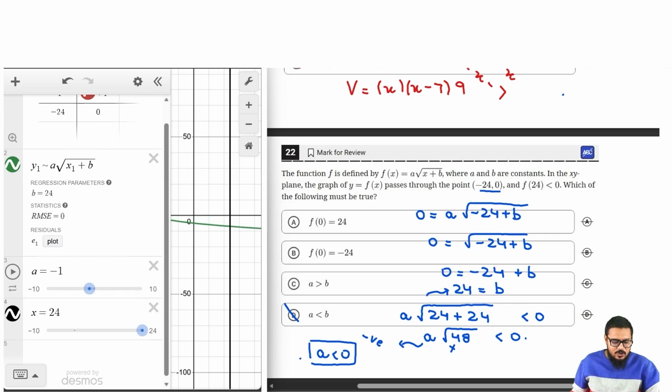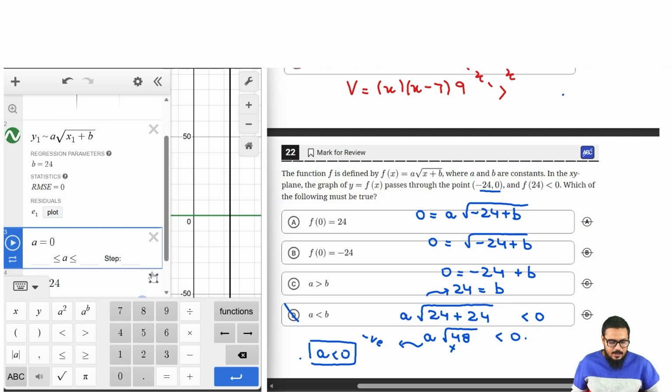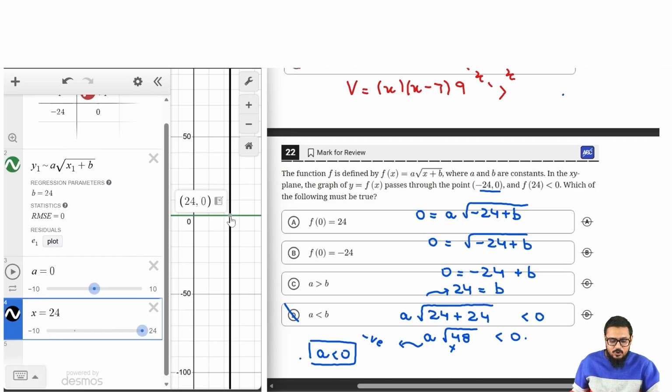When this was 0, for example, if I put 0 over here, this graph just lies on the x-axis, but this graph cannot lie on the x-axis at x equals 24. It has to be below the x-axis. So if I turn a into a negative number, this graph gets below the x-axis. At x equals 24, the value of y is a negative number. So I can say that a has to be a negative number.